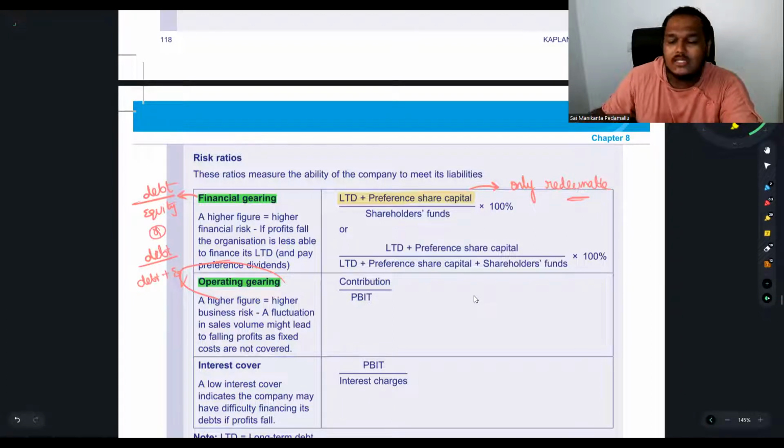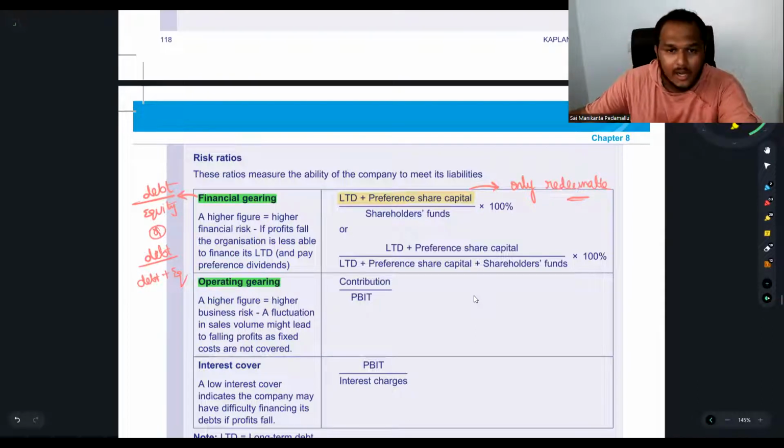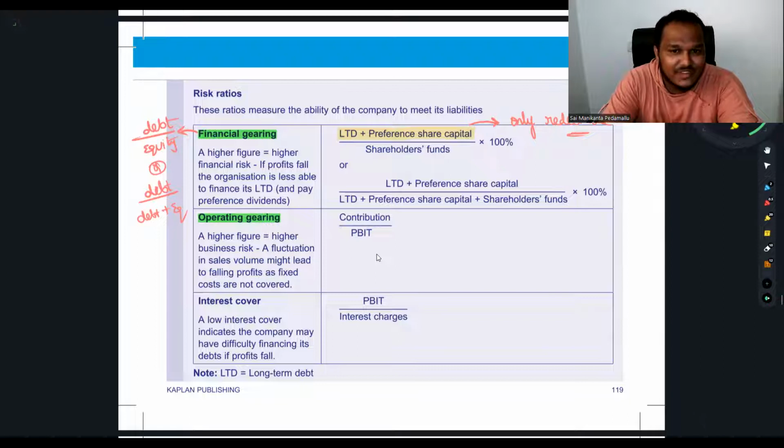Operational risk. Sir, what is the risk of running operations, sir? Every company has operations. So what is the risk involved in that? In simple terms, if you have too much fixed cost in your company, then you will have operational risk. How do I calculate contribution? Sales minus variable cost. That means other than fixed cost we are taking.